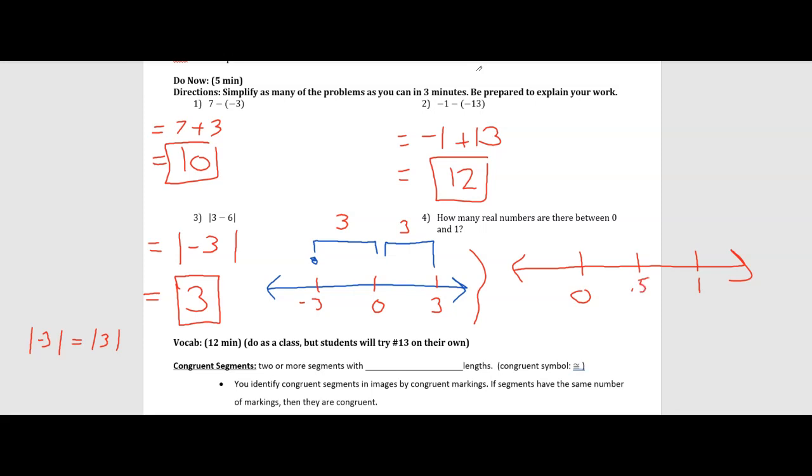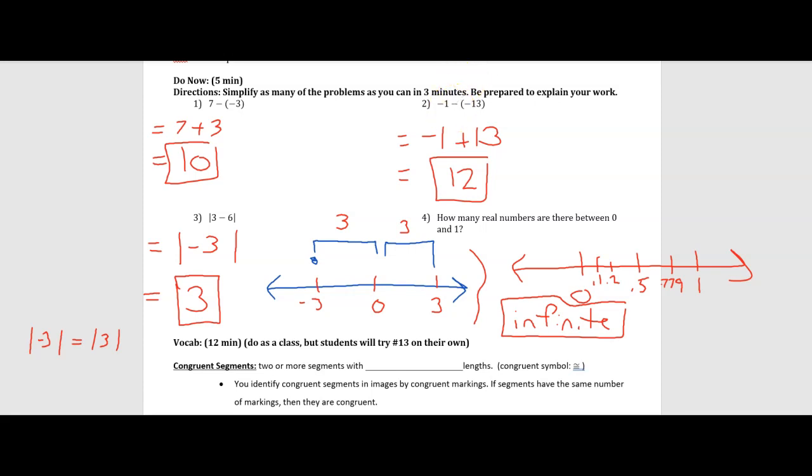Maybe you can think of 0.1 and 0.2 and 0.3, etc. Maybe there's 0.779. We could keep plotting points on this number line forever because you could always just add another decimal to it, and it would stay between 0 and 1. So the answer to this question is that there are infinite numbers between 0 and 1.